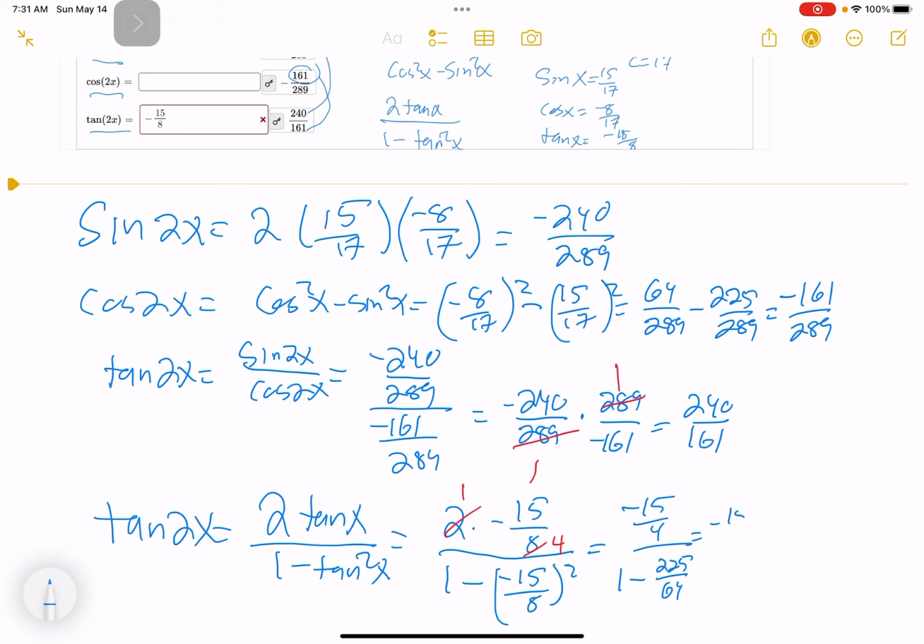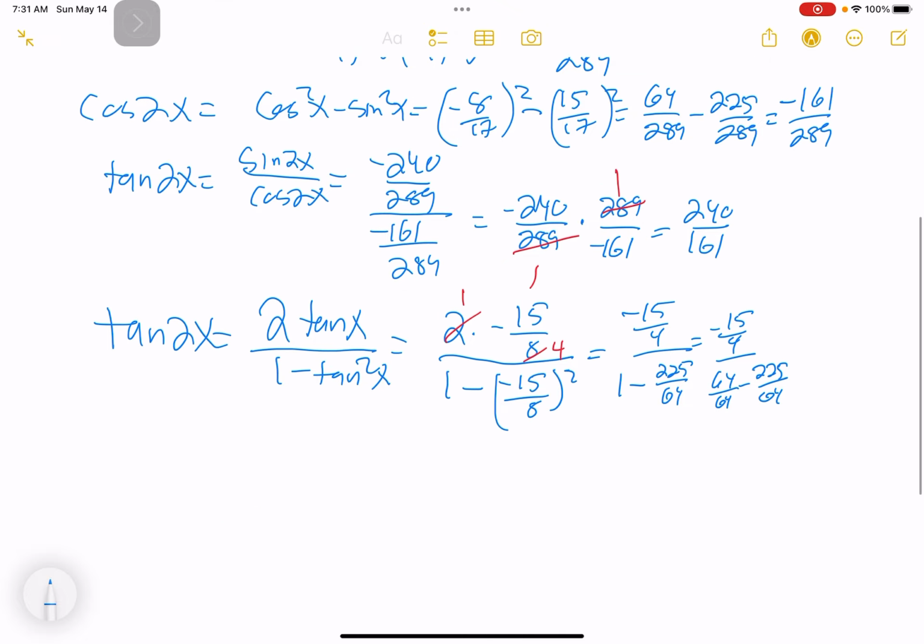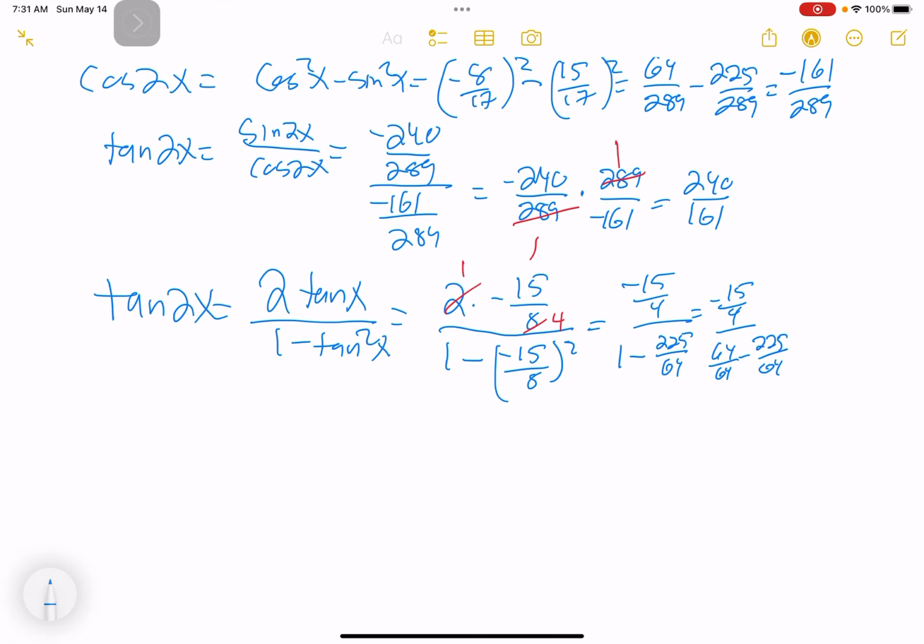That's like saying 64 over 64 minus 225 over 64. So 64 minus 225 was negative 161. So, writing this up properly, negative 15 over 4 divided by negative 161 over 64.